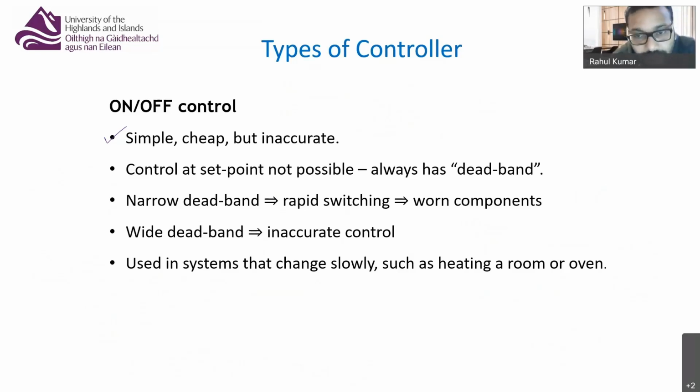So you cannot control the variable at a fixed point or at a set point. It is always within the dead band. There is a range of temperature within which you can control the temperature. You cannot control the temperature at a fixed point or at a fixed temperature using this on-off controller.